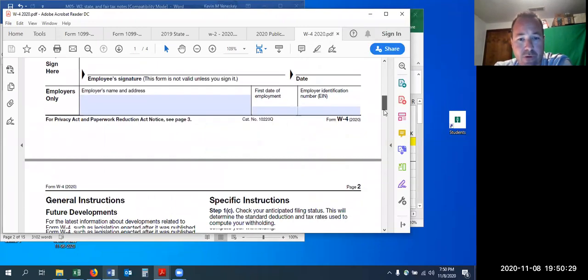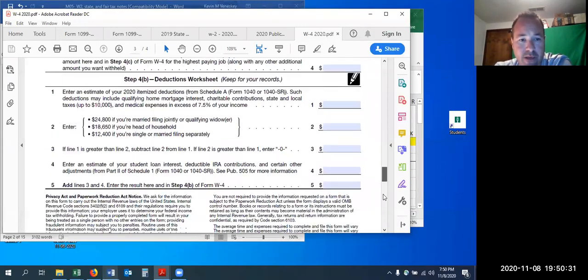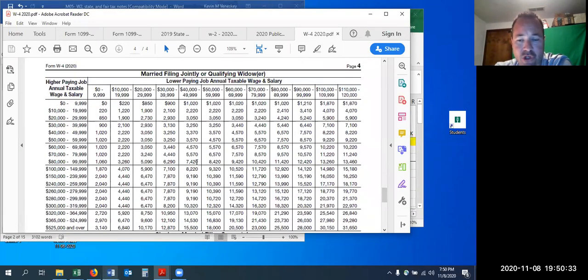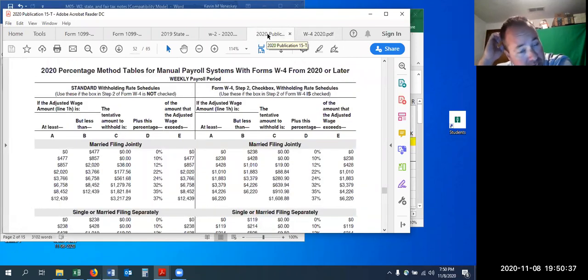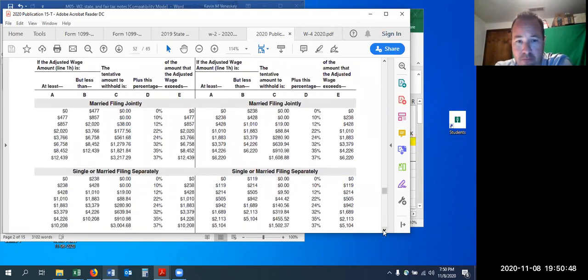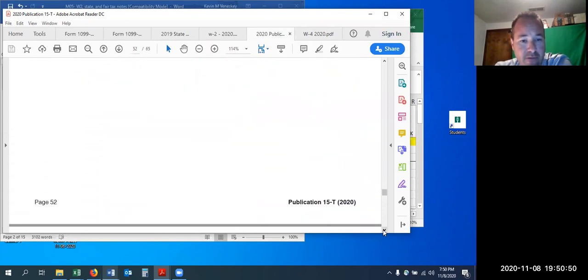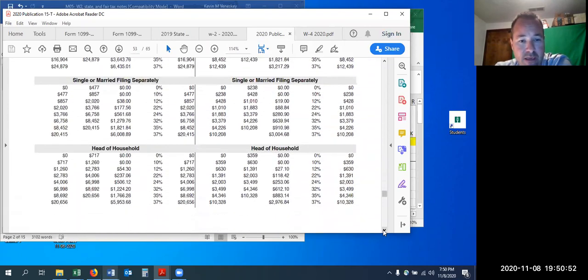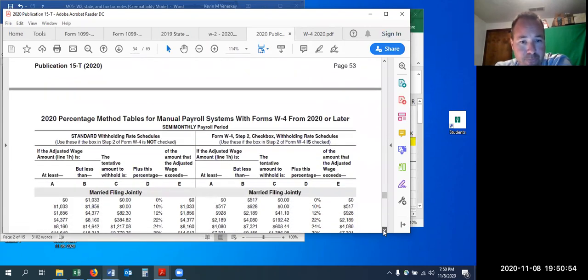So the first thing we do before we even come down here and look at this chart at the bottom, we're going to first calculate his actual federal income tax, just bare bones before we do any adjustments, any changes to it. This individual is paid semi-monthly, so we need to go down to semi-monthly and then to the married section.